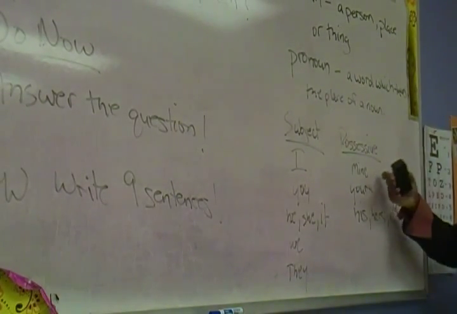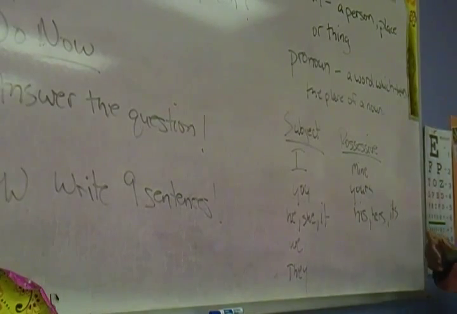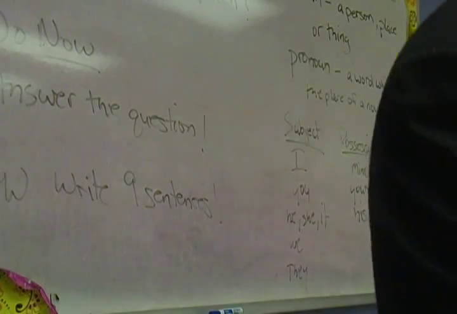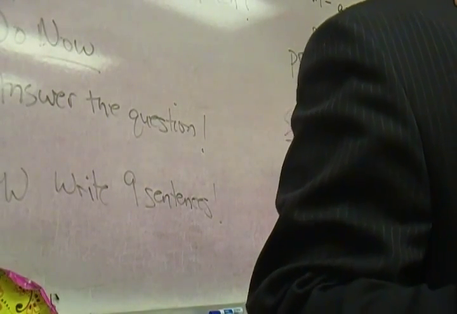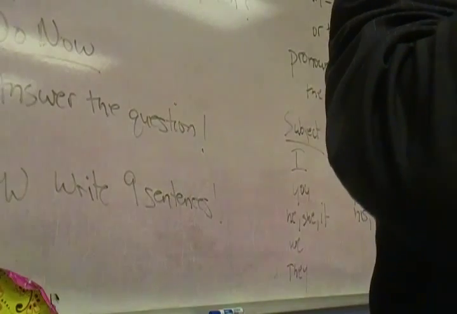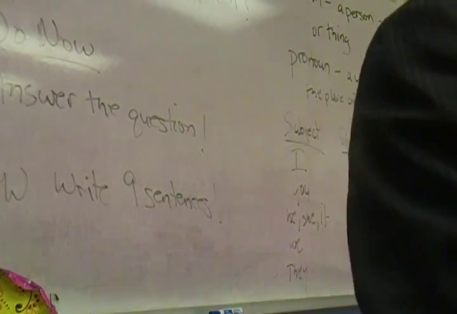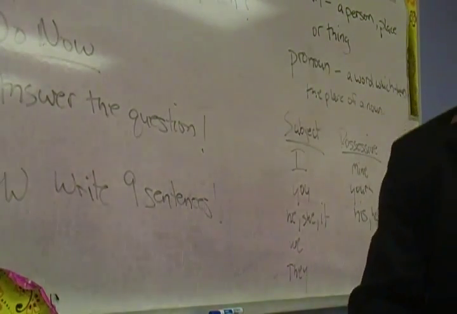So we got first person possessive, second person possessive, third person. What is first person plural? Eddie? Ownership? Right, but I'm saying, what word can you use to say that something belongs to us? Give me your hand. Ours.